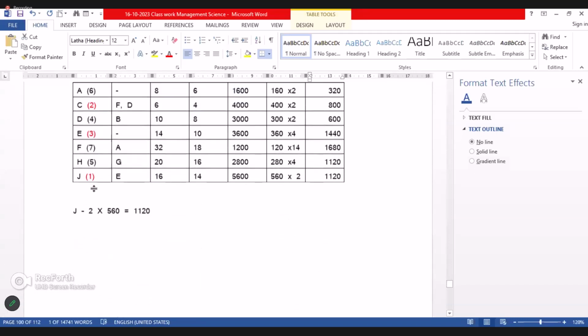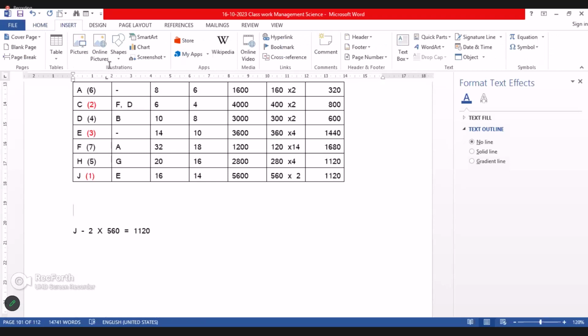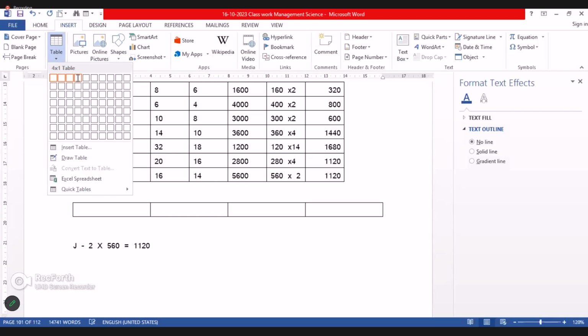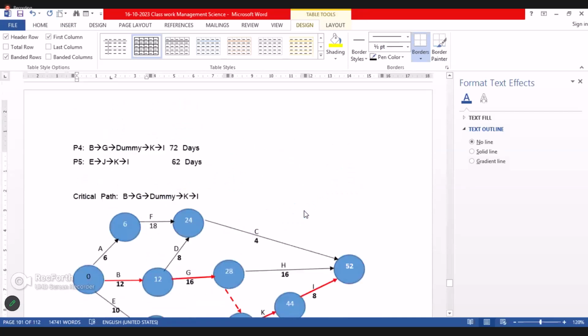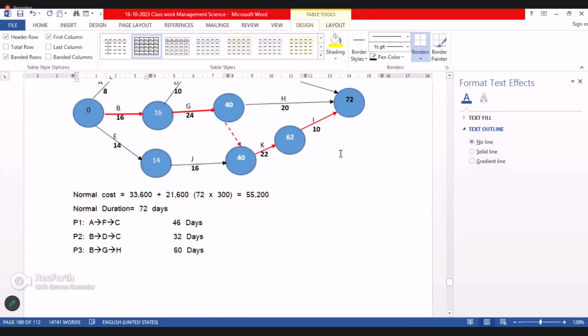I can put a table like this. How much total increase of extra cost due to crashing? So 72 days reduced to 52 days. Extra cost is how much?